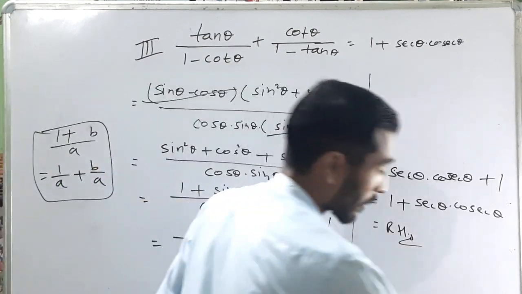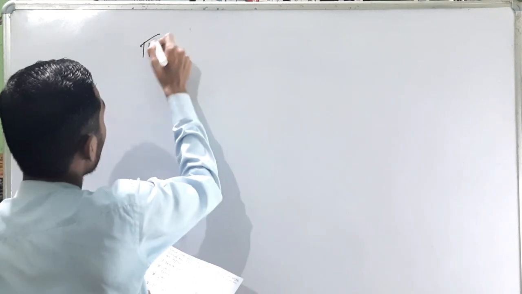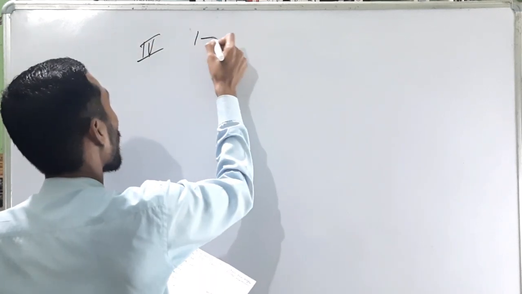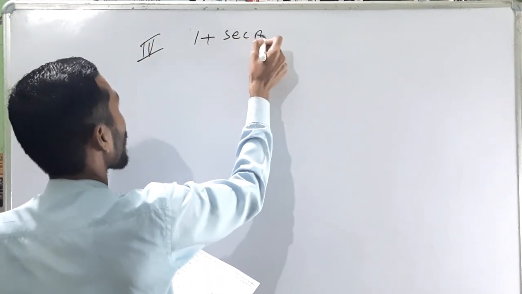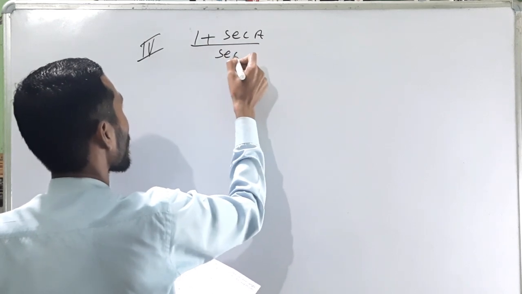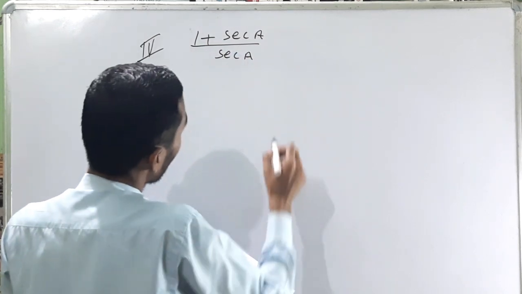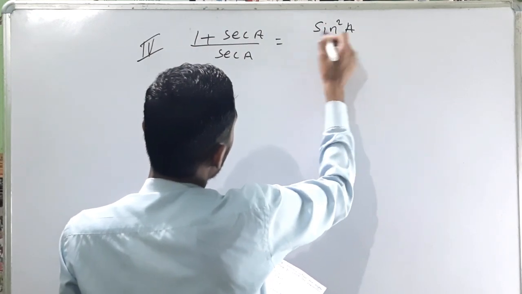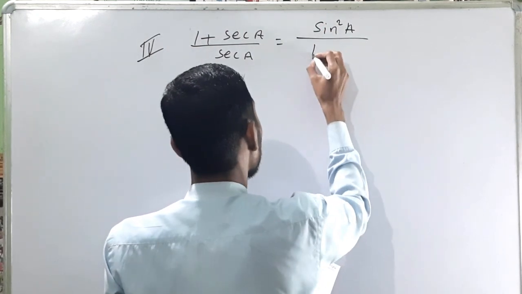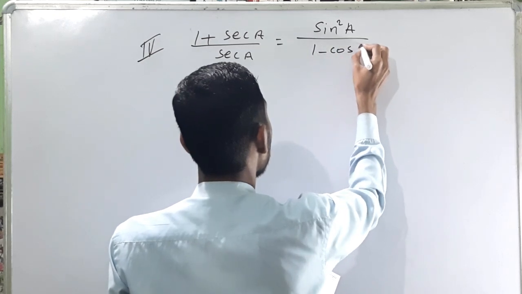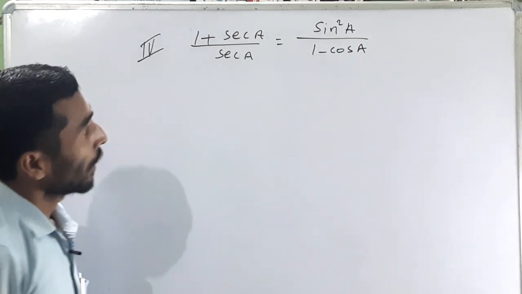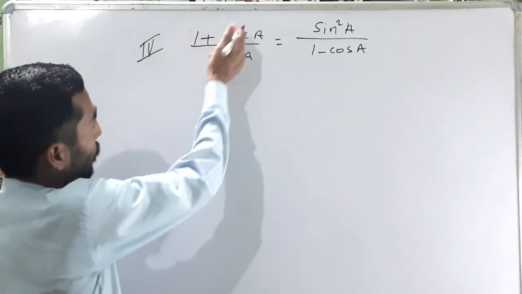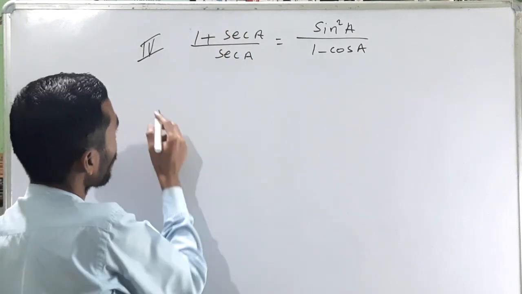Now the next question is (1 plus sec A) by sec A equals sine square A by (1 minus cos A). Very simple question, just change this into sine cos form.